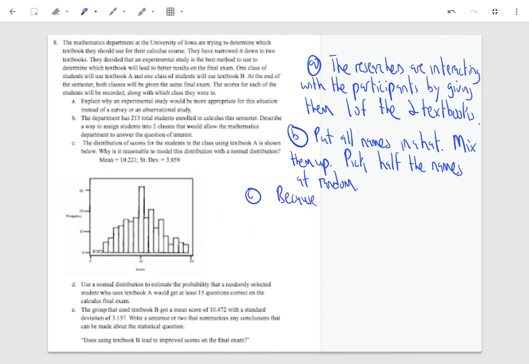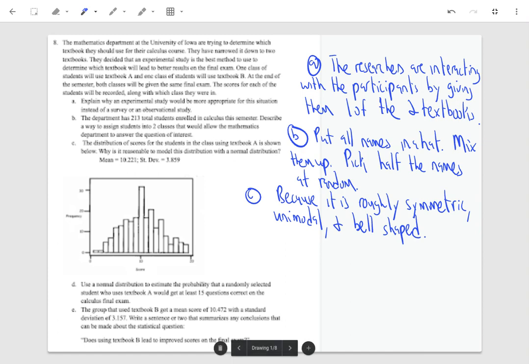Because it is roughly symmetric, unimodal, and bell-shaped. Okay? If it's those 3 things, then a normal distribution applies.